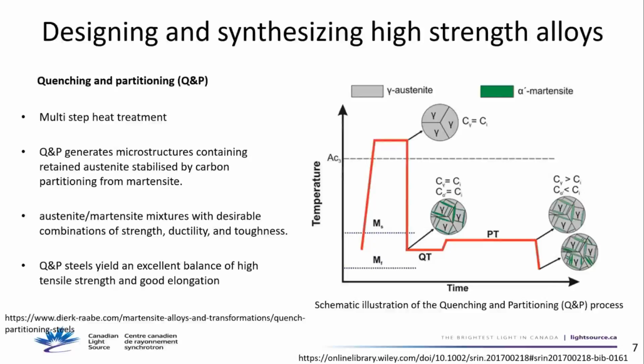And then you end up with a steel that has a good balance of high tensile strength and good elongation. So this is an example of how you can influence material properties with the processing.